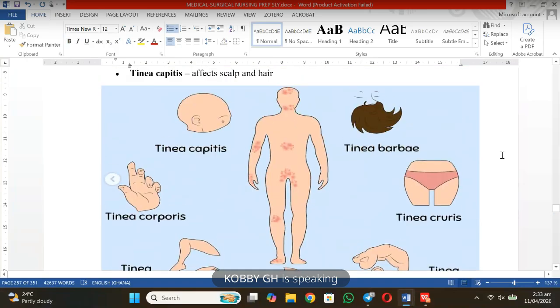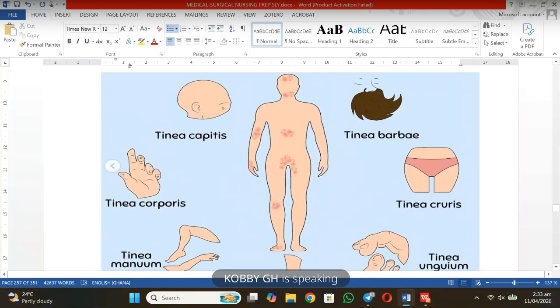So let's look at the images over here. This one is affecting the scalp and then the hair, so this one is tinea capitis. This one is affecting the skin, this is tinea corporis.